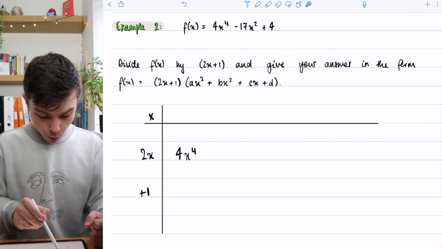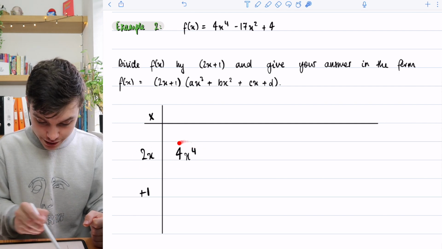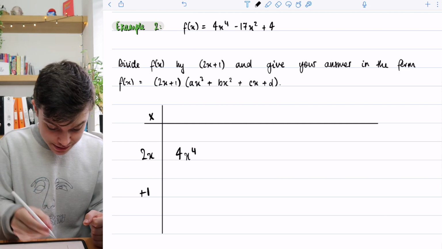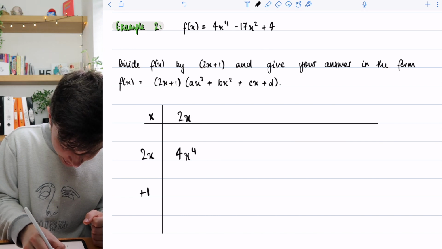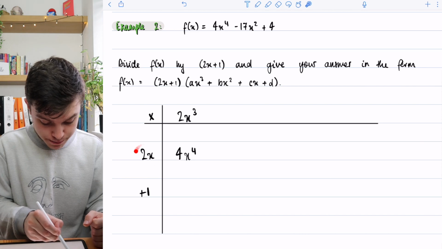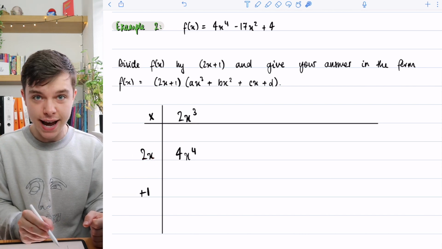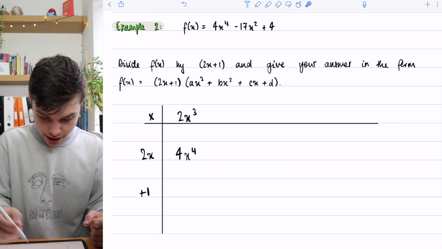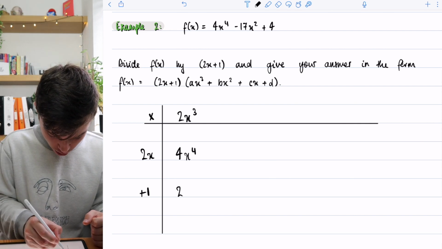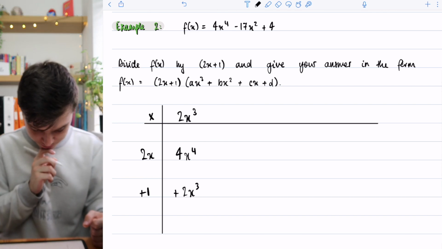Then I need to think, what do I multiply 2x by to give me 4x to the 4? That is 2x cubed, okay? In other words, 4x to the 4 divided by 2x. Check that. 2 times 2 gives me the 4. x times x cubed gives me x to the 4. Then I can do a multiplication there, and I'm going to put my sign in, positive 2x cubed.